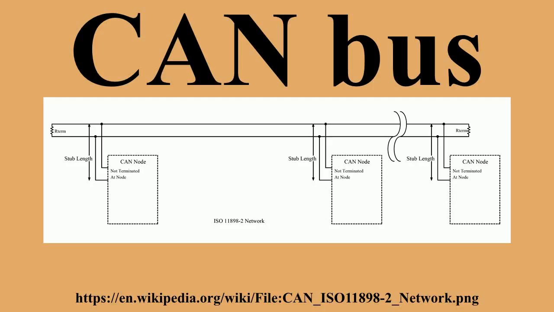Bit timing. All nodes on the CAN network must operate at the same nominal bit rate, but noise, phase shifts, oscillator tolerance and oscillator drift mean that the actual bit rate may not be the same as the nominal bit rate. Since a separate clock signal is not used, a means of synchronizing the nodes is necessary.